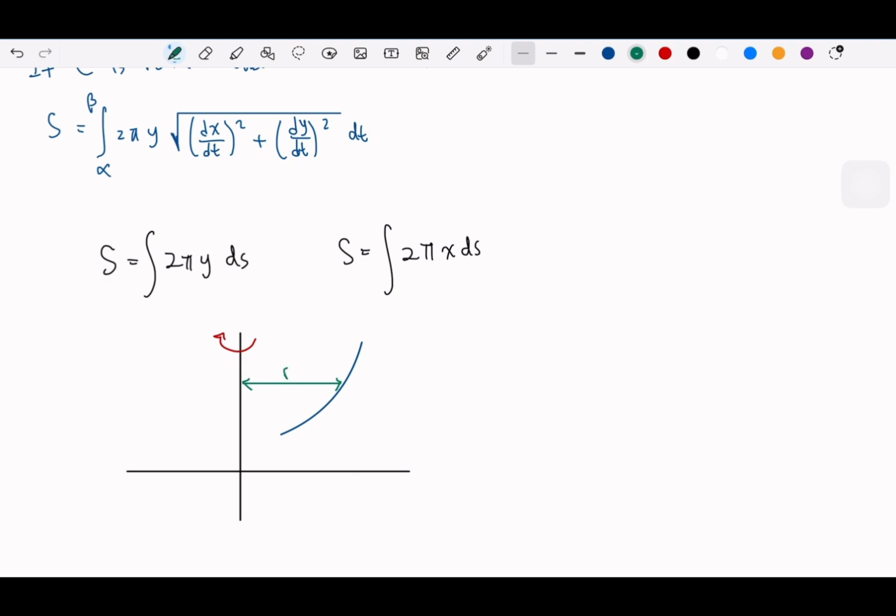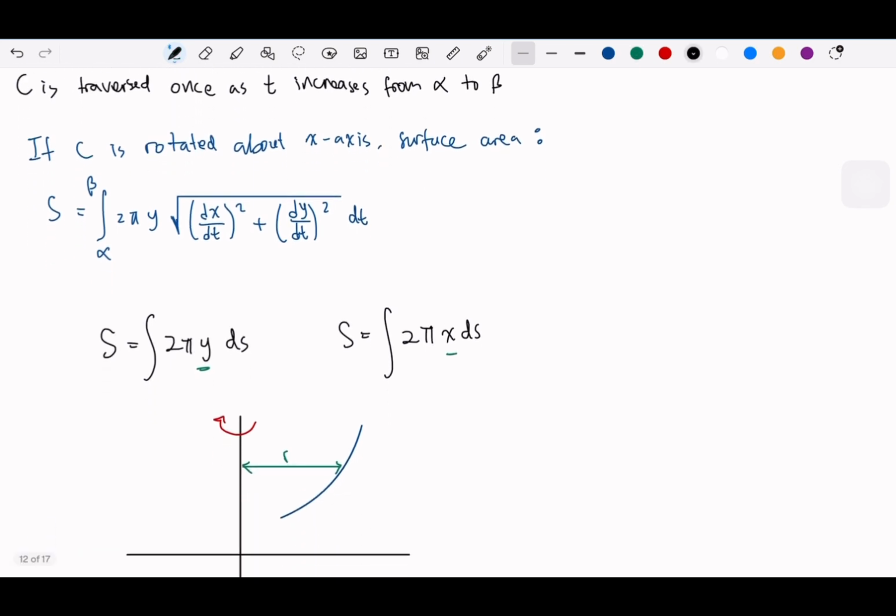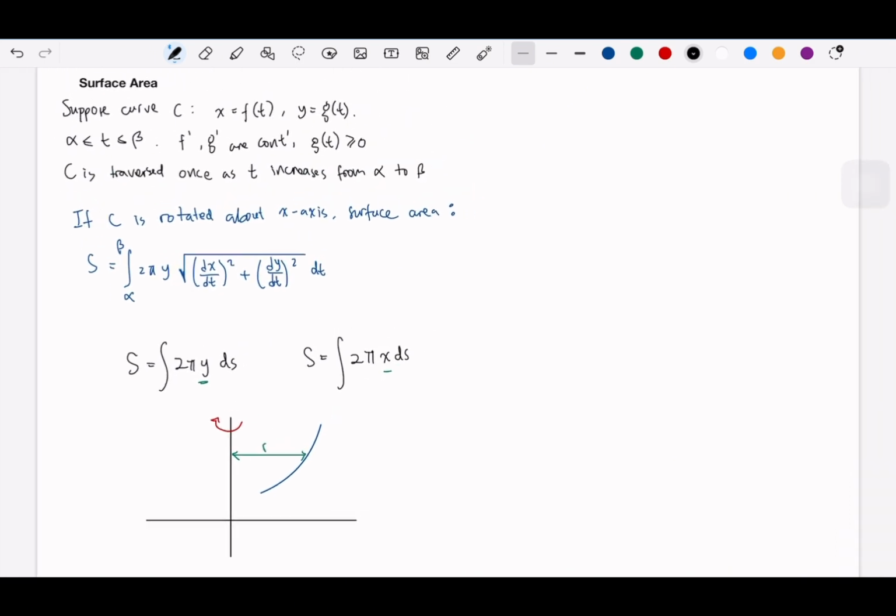But now y and x are both functions of t, so we change everything into t. It can be f of t or g of t. So you can have this or this. And I think the way we use it is basically the same.